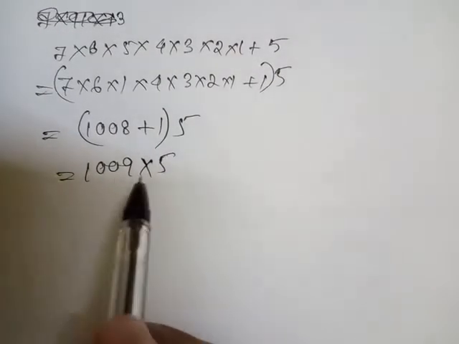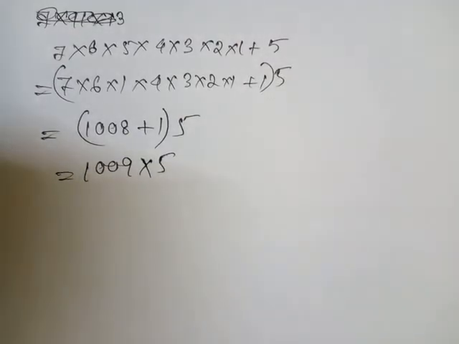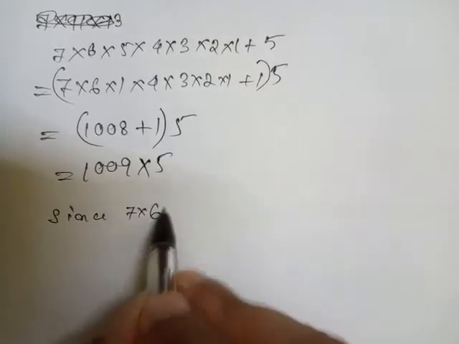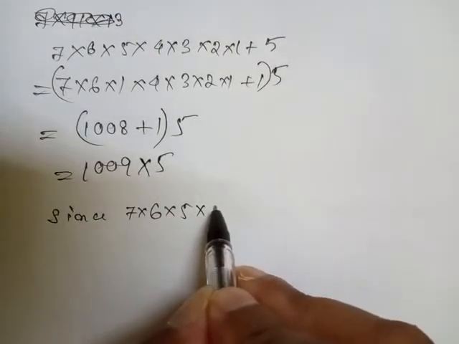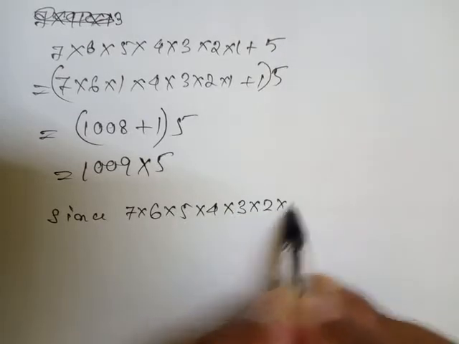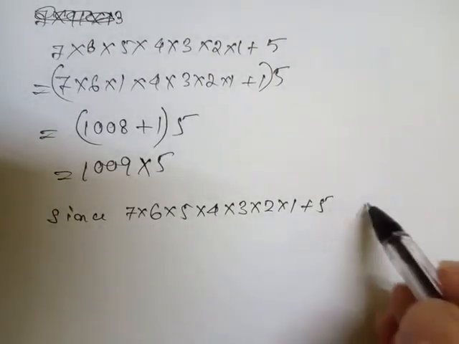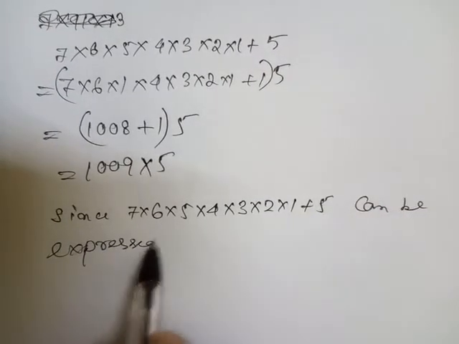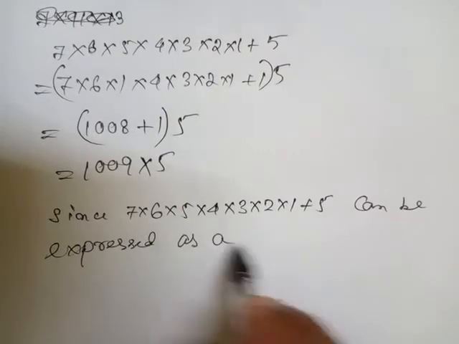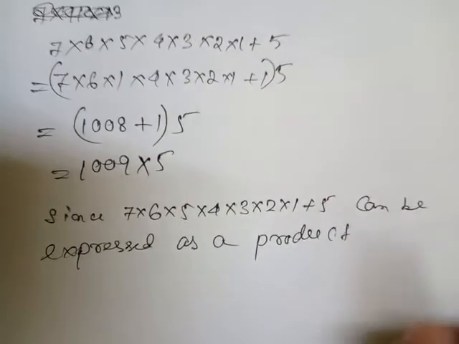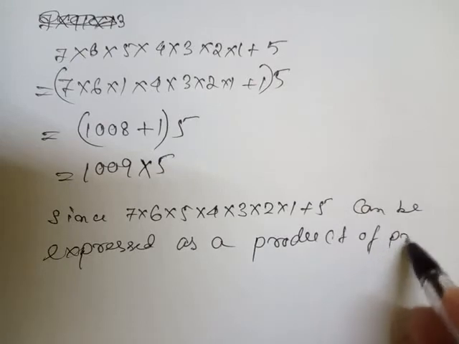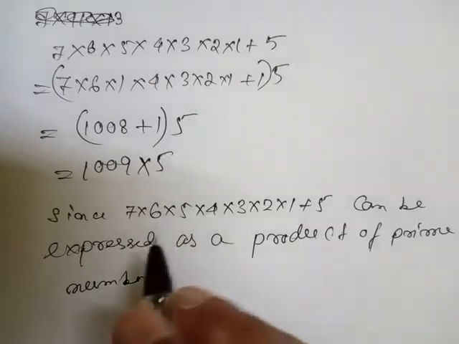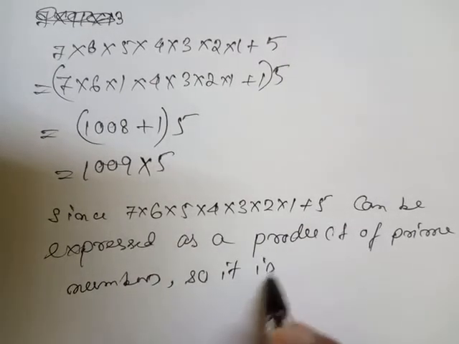After that, the last line we will write here: since 7 into 6 into 5 into 4 into 3 into 2 into 1 plus 5 can be expressed as a product of prime numbers, so it is composite.